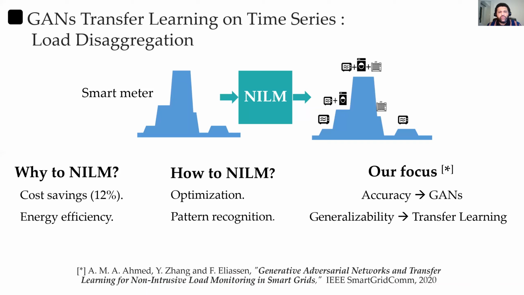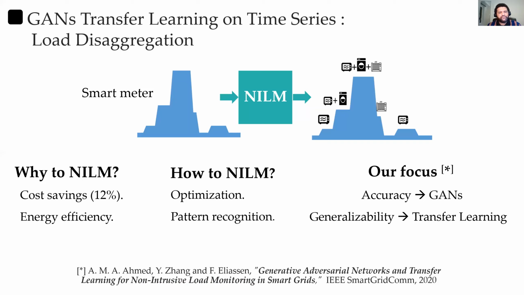Now, how this NILM problem is related to our discussion today about transfer learning and GANs is that we developed GAN-based models that solve the NILM problem and outperform the state of the art. We wanted to achieve some level of generalizability of those GAN-based models, in the sense that the NILM system provider can use the same model as much as possible when shifting from one domain to another, for example, moving from one country to another to deploy those NILM systems.